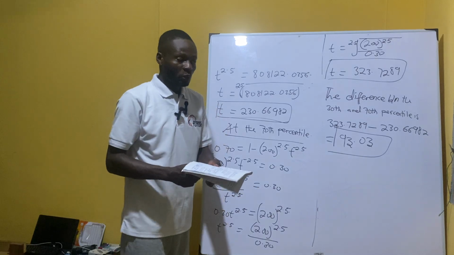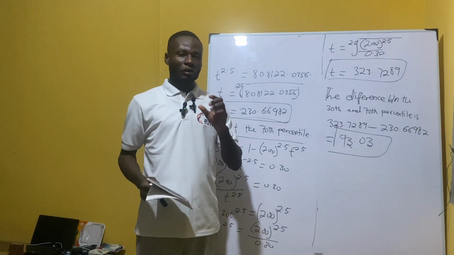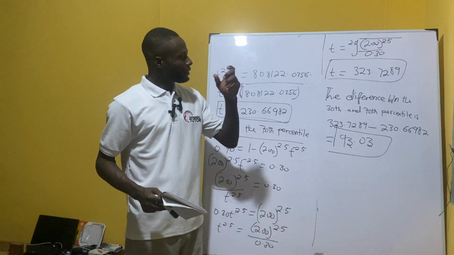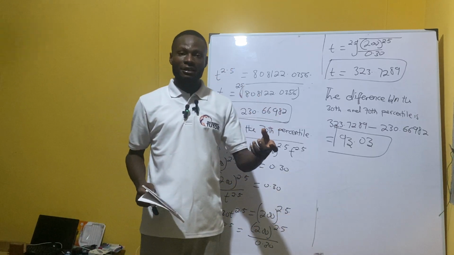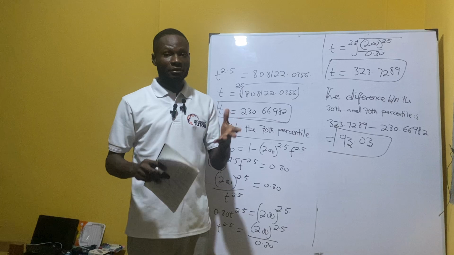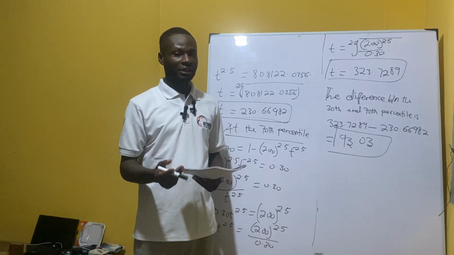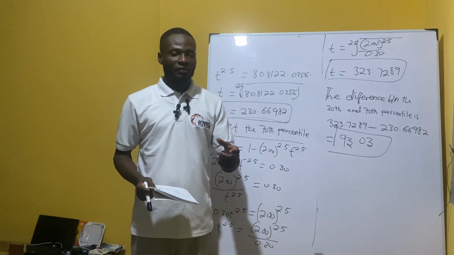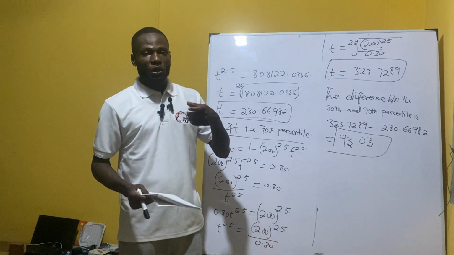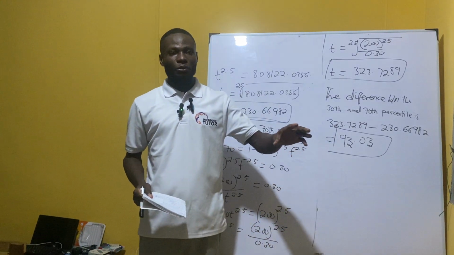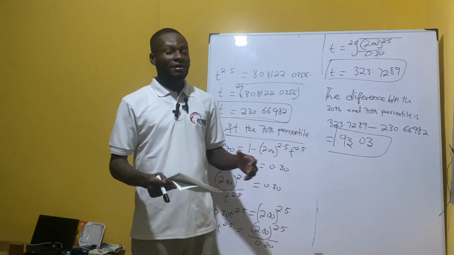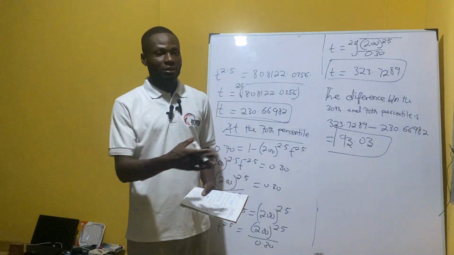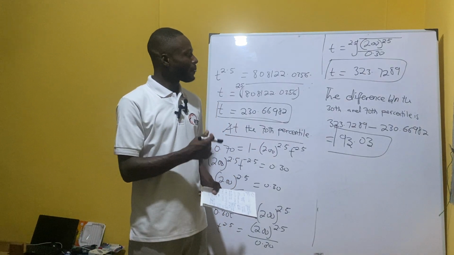The idea is that whenever we are given the probability density function and asked to find the difference between two percentiles, whatever percentiles we are asked about, we have to integrate that particular function. Then we equate it to the first percentile, maybe the 30th percentile, and find the value, and then equate it to the second percentile, the 70th percentile, and find the value.